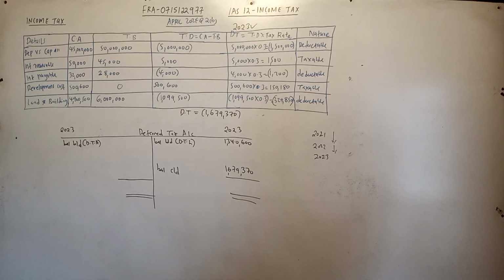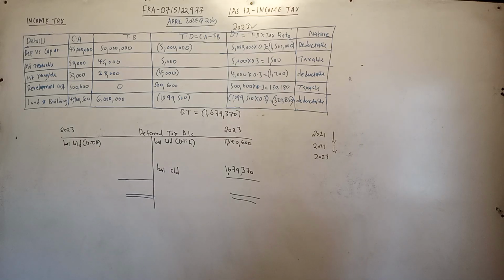Now let us see. So 1340 600 plus 16. But remember we have a revaluation somewhere. Actually, I'm sorry, we have covered the revaluation. It's okay. 1679 370.